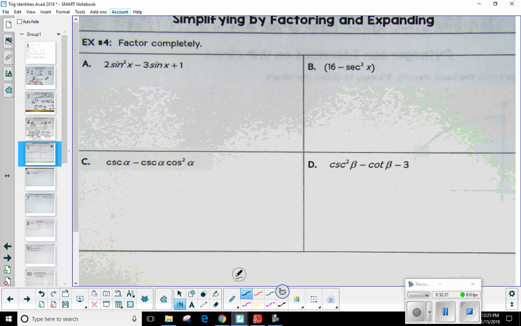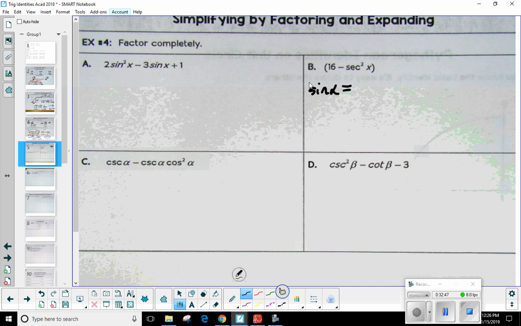Factor completely. Now, we reviewed factoring way back in the first semester. If we want to factor expressions that have trig functions, it's actually a lot easier than you think. All we need to do is replace the trig function with some kind of variable. Let's say, for example, sine of x.